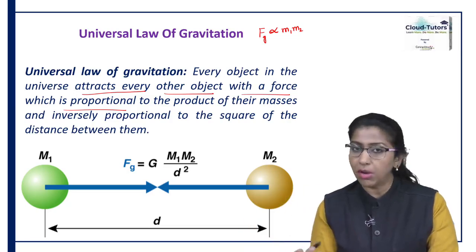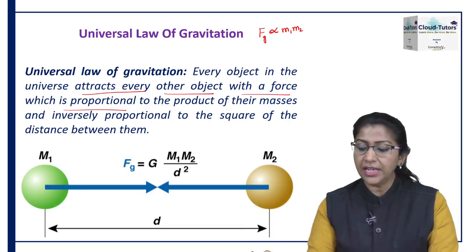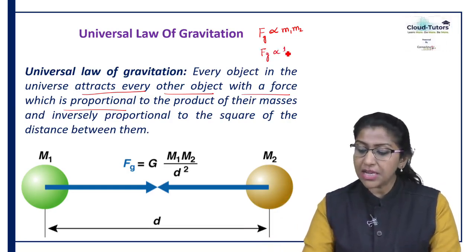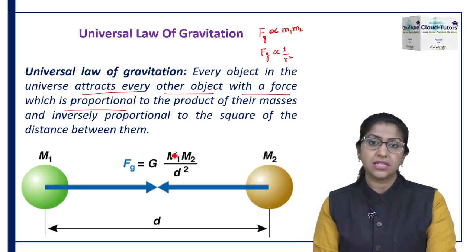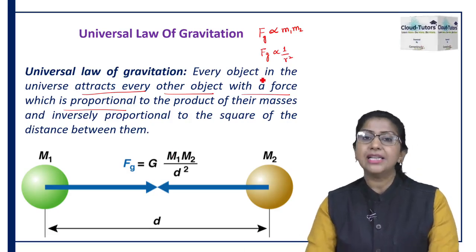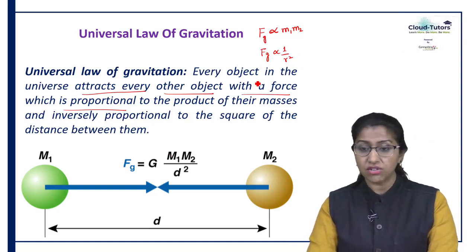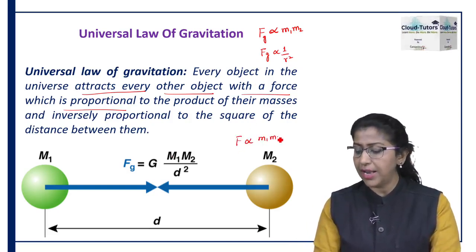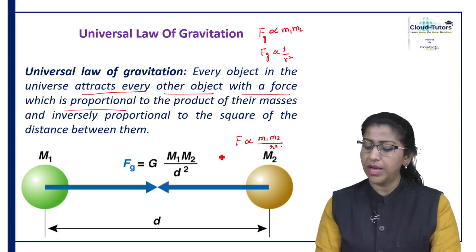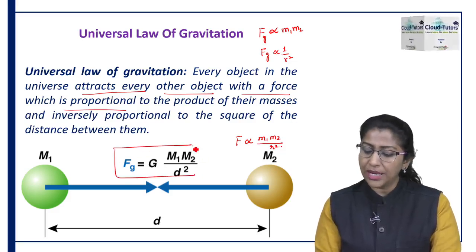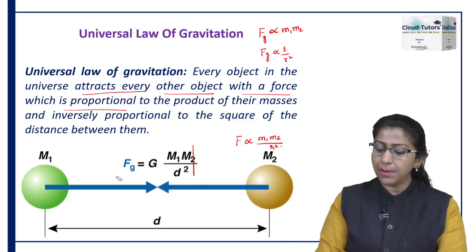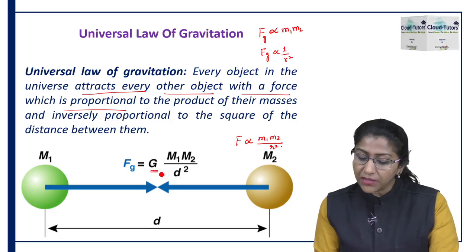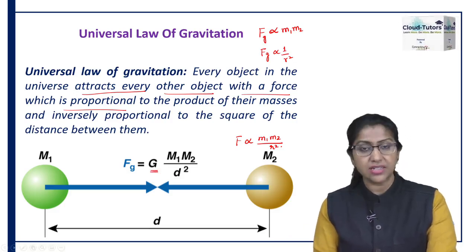It could be capital M, small m, it is just a representation, right? What does the second part of the statement say? Fg is inversely proportional to the square of the distance between them. Combining these two proportionality relationships, we have F proportional to m1 m2 divided by r squared, which can be turned into an equation by introducing a proportionality constant, called the universal gravitational constant.